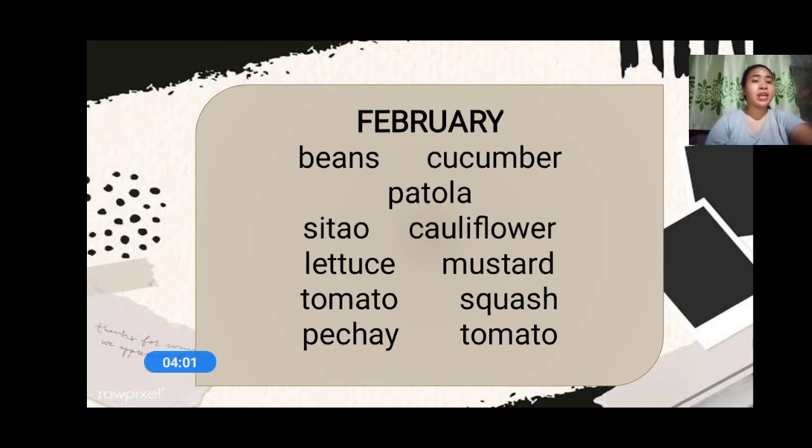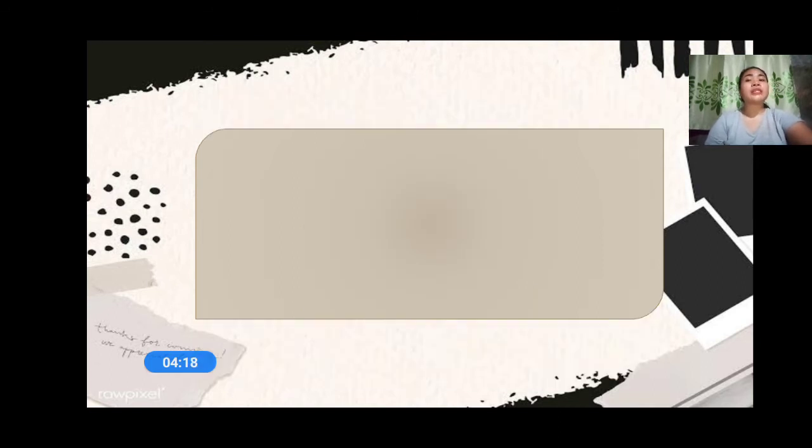Very good. We have the beans, the cucumber, patola, sitaw, cauliflower, lettuce, mustard, tomato, squash, and pechay. Okay, so let's proceed to March.